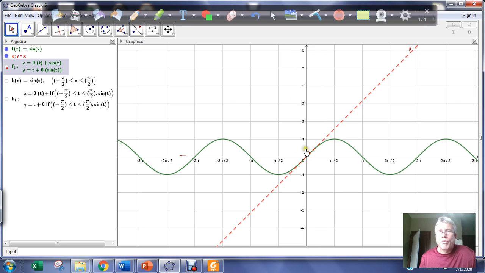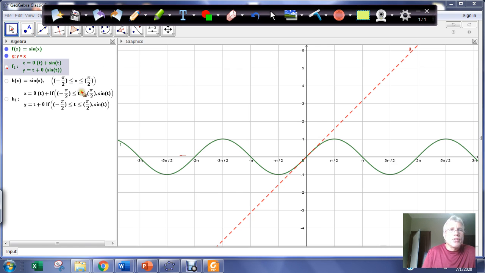The solution for this in pre-calc was to restrict the domain so that we have a function that can be reflected in the line y equals x. So before we restrict the domain, let's think about what we know about the sine function. We know that the sine function gives us the y coordinates as we rotate through some angle around the unit circle.